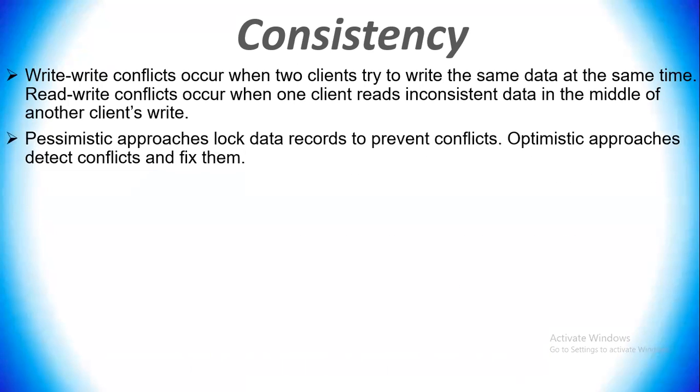Okay, so the traditional way of preventing this kind of read-write conflicts in relational databases is by locking data records. Locking data records. The modern, better way of doing this is to catch these conflicts and fix them.